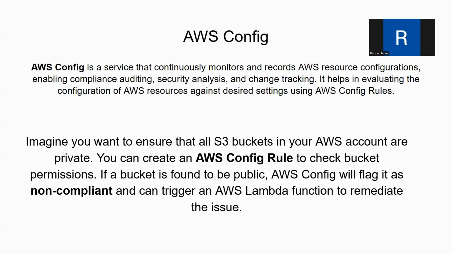Imagine you want to ensure that all S3 buckets in your AWS account are private. You can create an AWS Config rule to check bucket permissions. If a bucket is found to be public, AWS Config will flag it as non-compliant and can trigger an AWS Lambda function to remediate the issue.